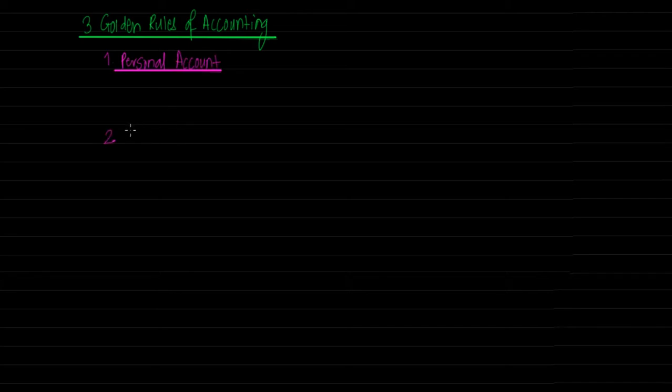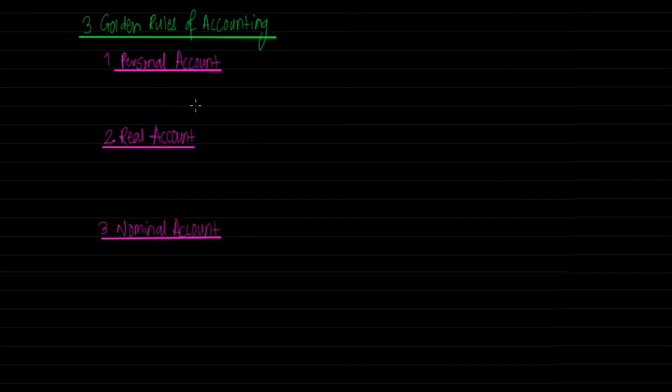Going further, 3 golden rules of accounting. We have seen there are 3 major types of accounts and hence there are 3 rules of accounting based on these 3 types of accounts. First rule is for personal account, second rule is for real account and the third rule is for nominal account.